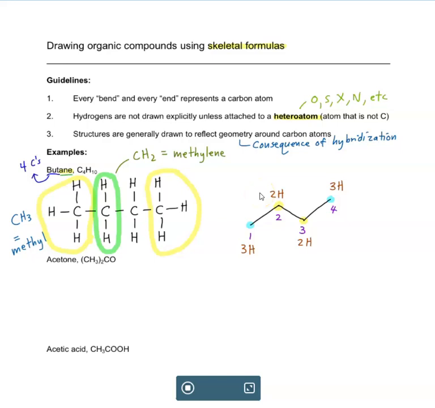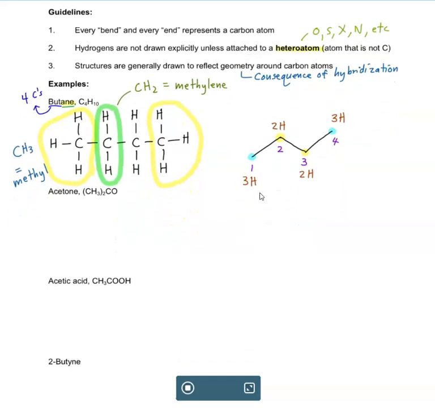Let's draw a molecule called acetone. Now acetone, its name ends in O-N-E, which suggests that its placement is in a group of molecules that are called ketones. So ketones, that's another class of organic molecules.